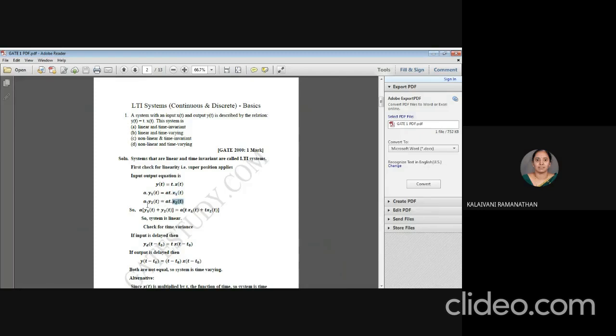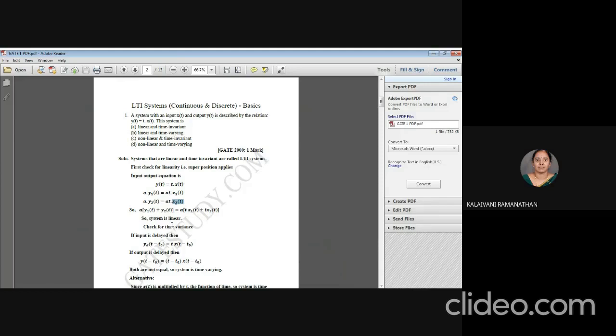So the equation becomes a y2 of t equal to a t x2 of t. According to the superposition theorem, it has to satisfy the case a multiplied by the outputs y1 of t plus y2 of t equal to a t x1 of t plus t x2 of t. So this is satisfied by the given equation. So you can conclude that the system is linear.